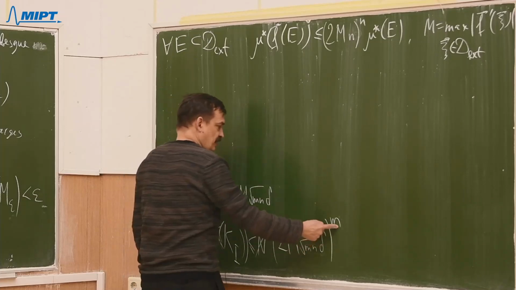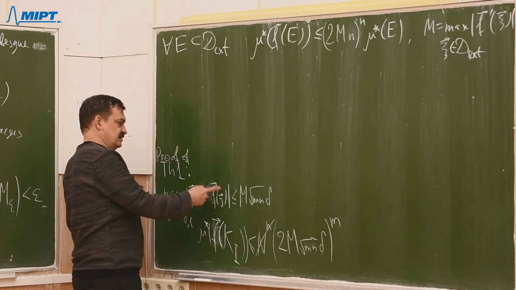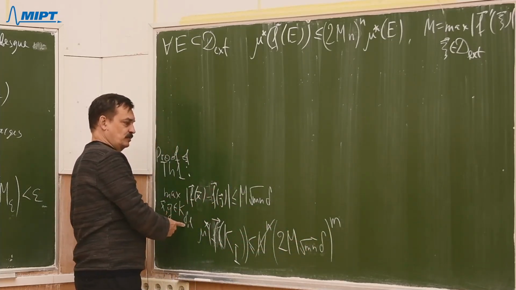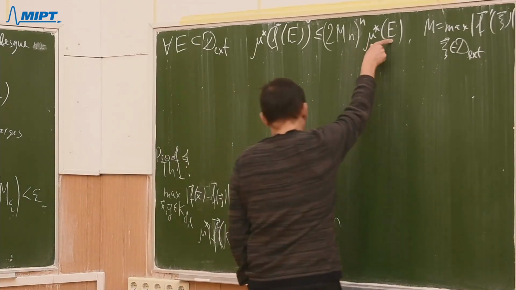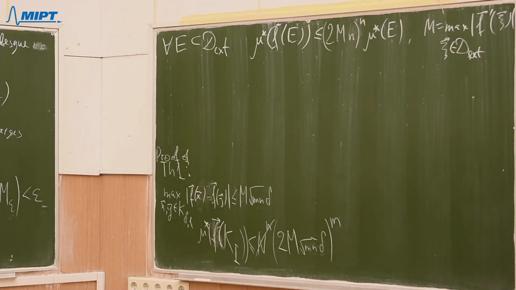Delta to the power m was precisely the measure of this small cube, so I replace it by the outer measure of E. And that is the estimate.